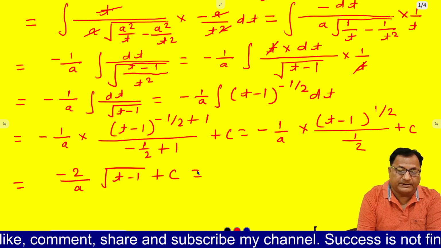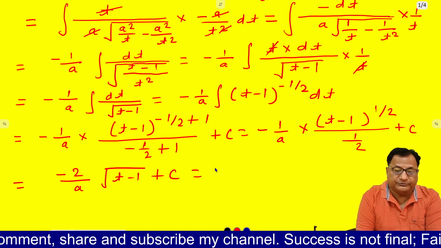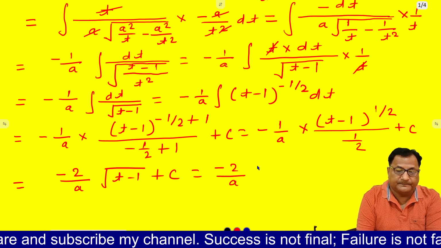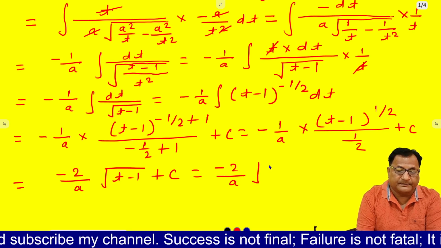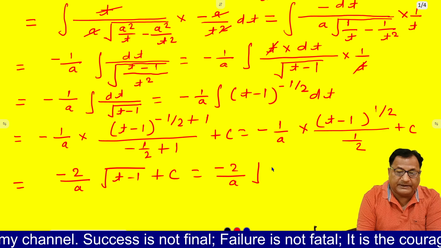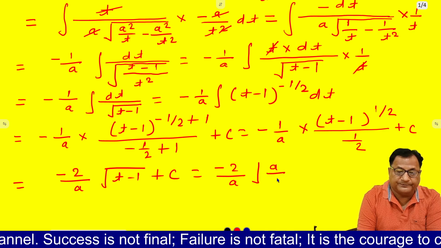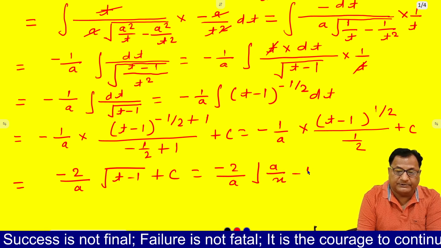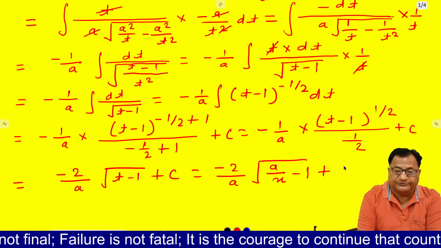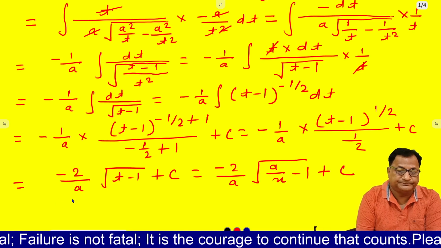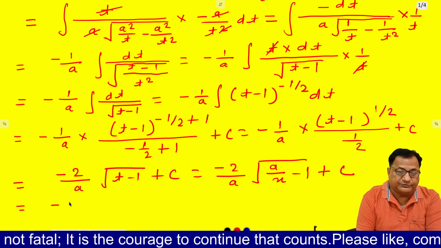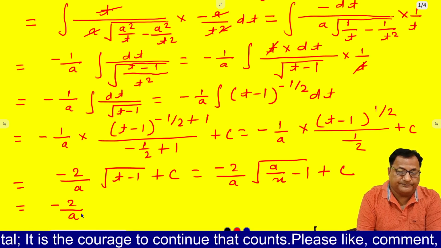Now we will put the value of t here. So minus 2 by a, the t value is a by x minus 1, plus c. So this will be minus 2 by a.